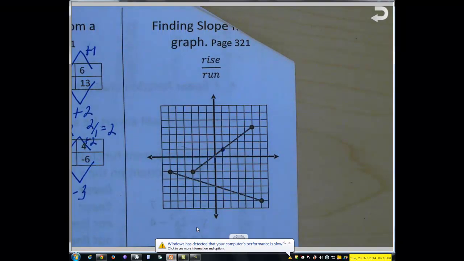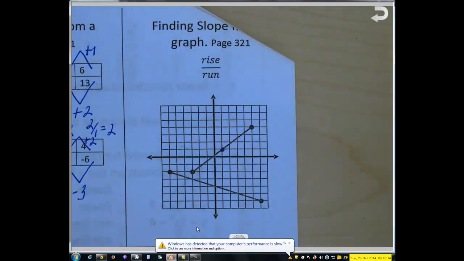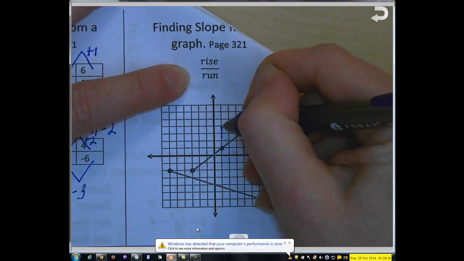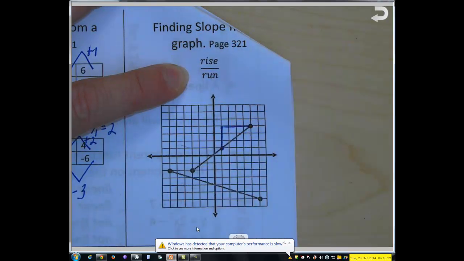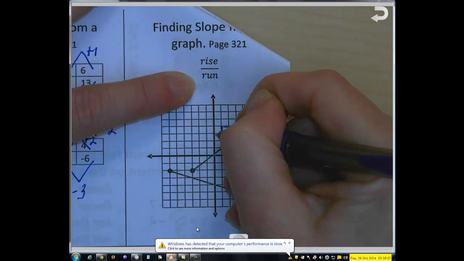Okay, now I need to count my rise. The rise is how much I move up or down. And I'm always going to move from left to right. So to move from this point to this point, I need to go up and I need to go to the right. So I have to go up 1, 2, 3 units, and up is going to be in the positive direction.